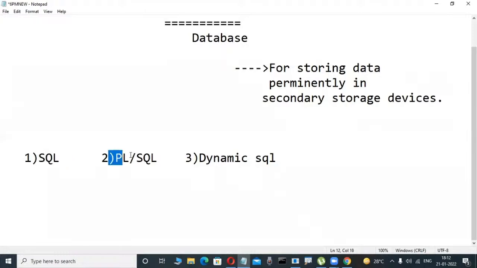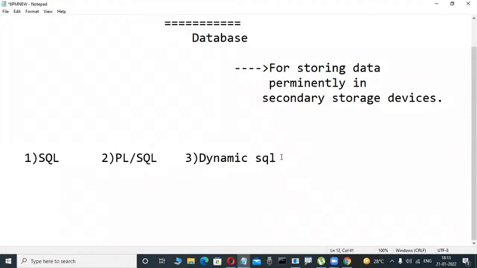But why is PL/SQL, which is like a programming language similar to C++ or Java, required? Really, so many jobs are available in PL/SQL also. Why is this language required? Because of so many applications.